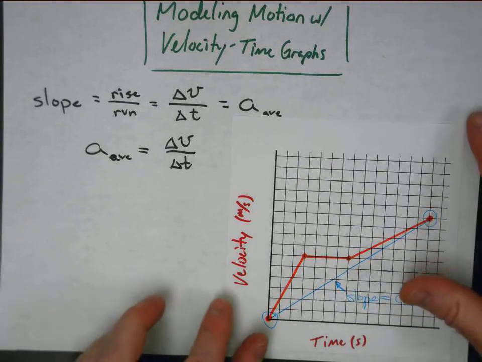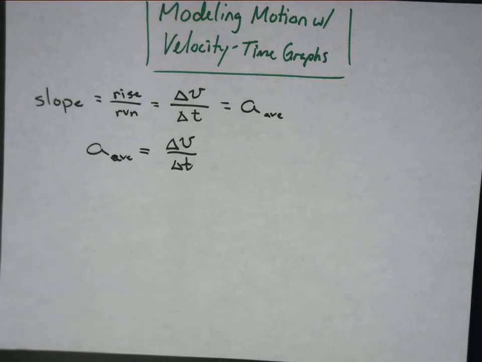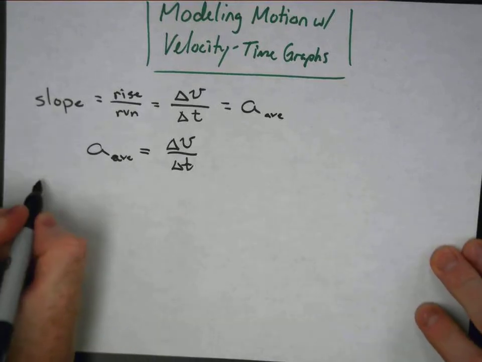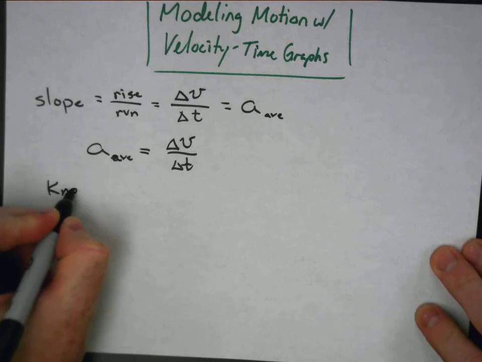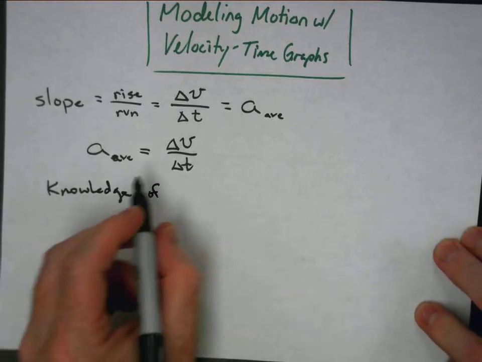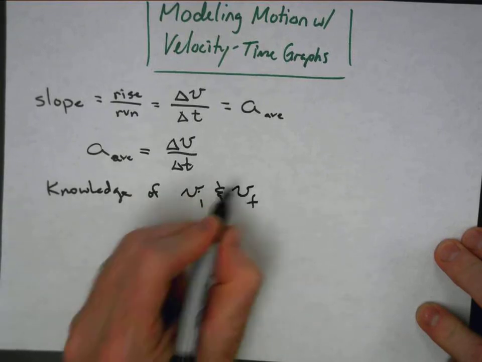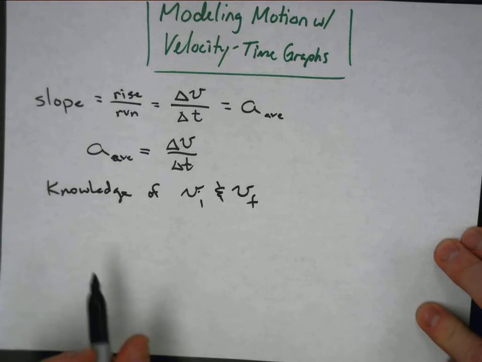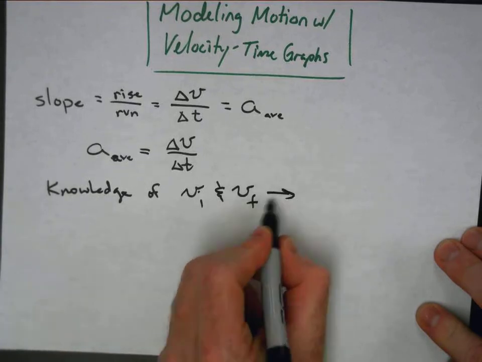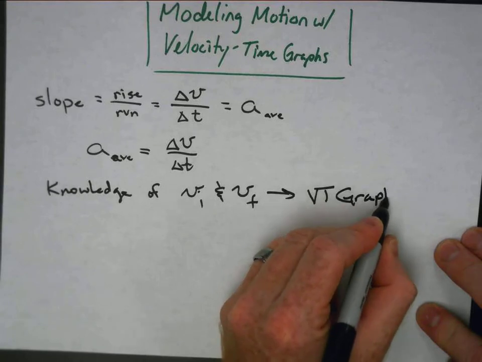So, when would you use a velocity time graph compared to a position time graph? Well, what if you had knowledge of initial velocity and final velocity? If you had knowledge of initial and final velocity, then you definitely use a VT graph. That's totally a thing you can do.